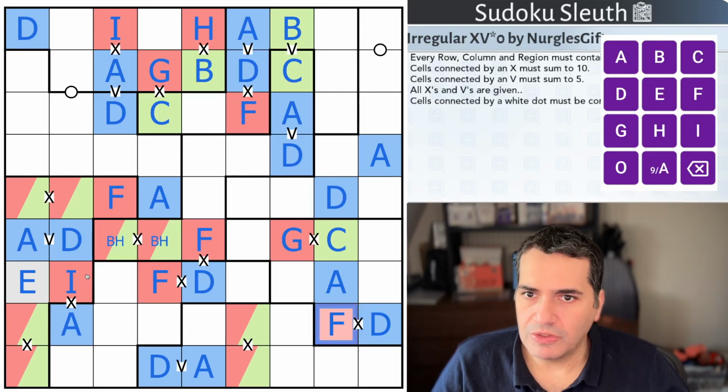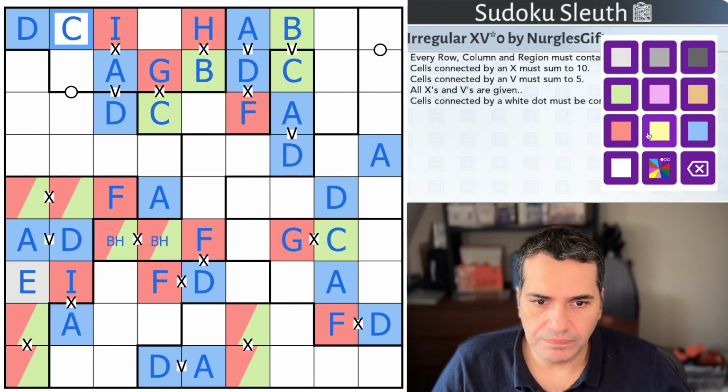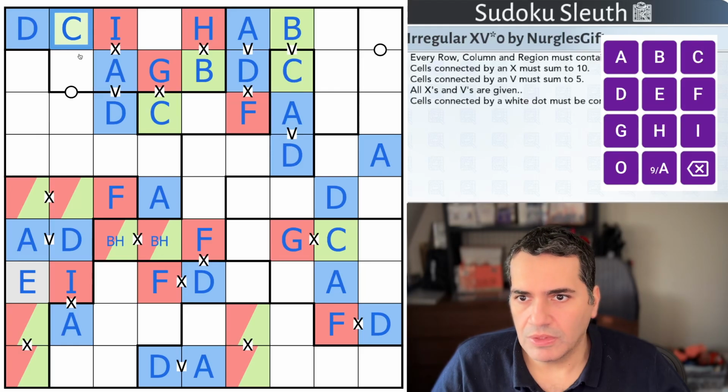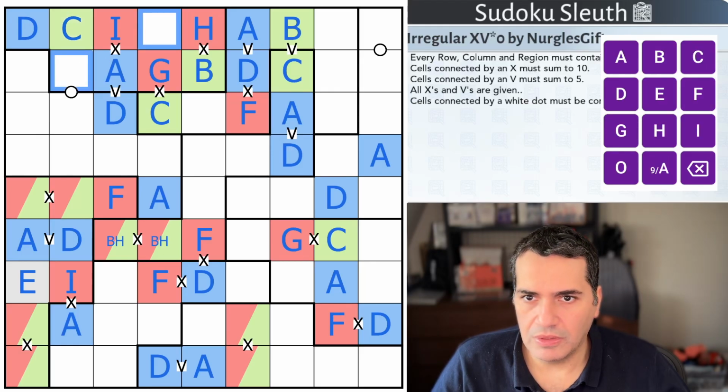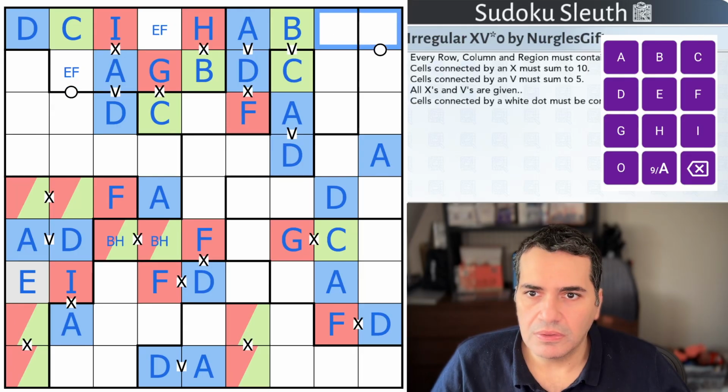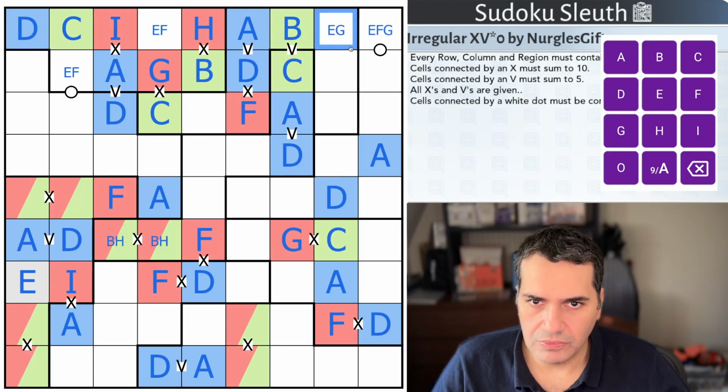Can we repeat the same trick with greens? So I need a C in here, that's done. These are E's and F's, I can't place them yet. This is E, F, and G. Not F, wrong letter.